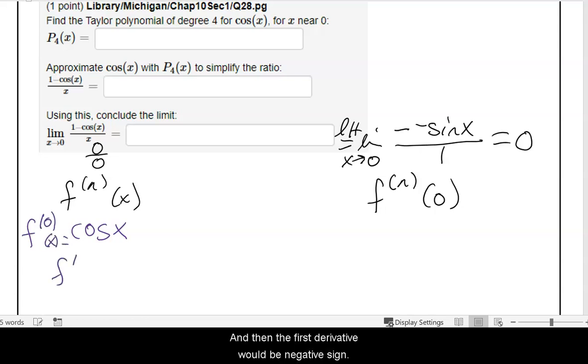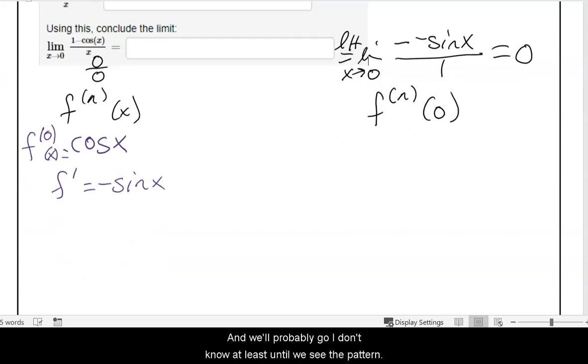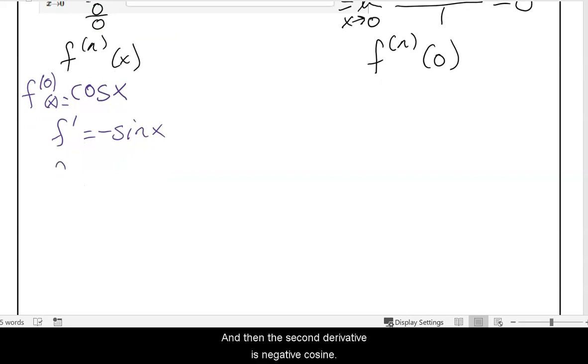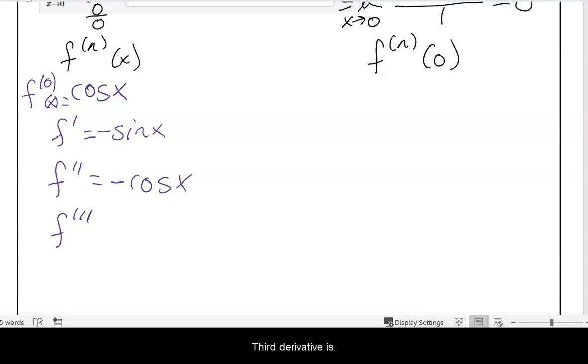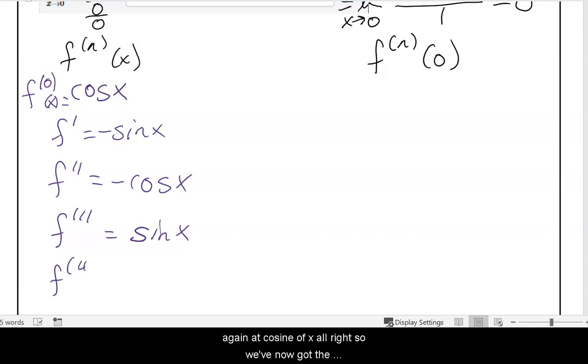And then the first derivative would be negative sine. And we'll probably go at least until we see the pattern. And then the second derivative is negative cosine. Third derivative is sine. And the fourth derivative is where the pattern begins again at cosine of x.